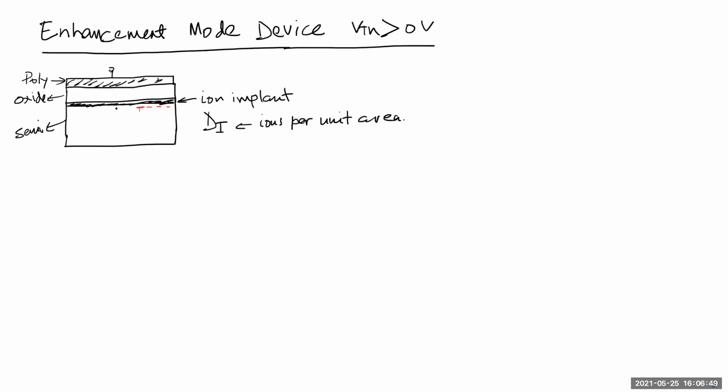So I have to put a certain amount of positive charge to cancel this charge first, right? Before I do any of that inversion and all that. So you have to add a positive VG here to do that. And this is what will make my VTN go from negative to positive, right?